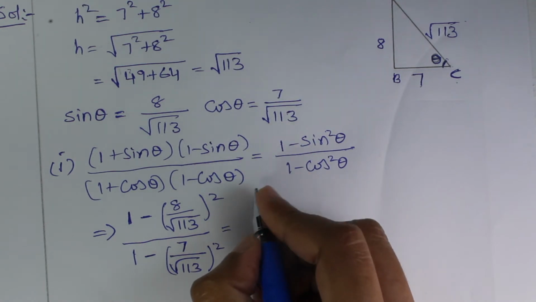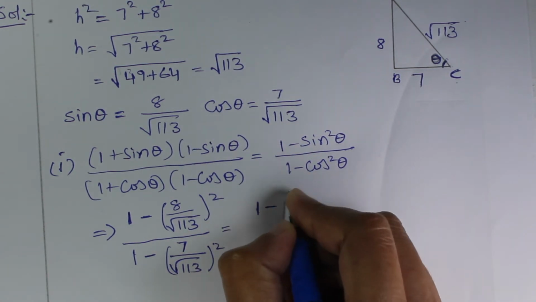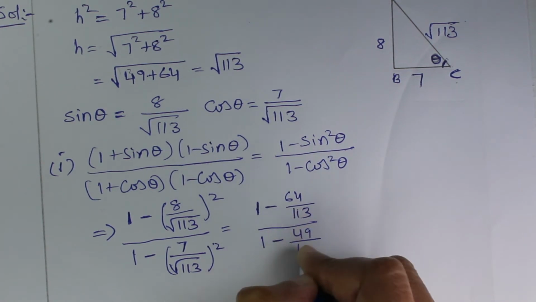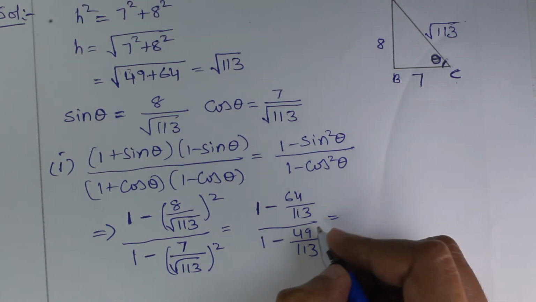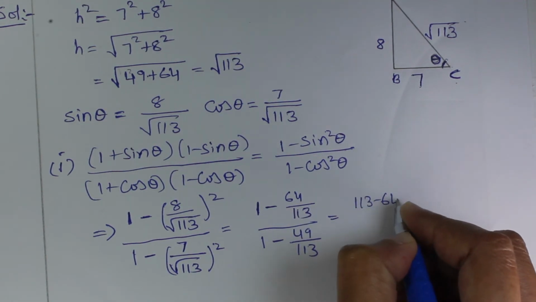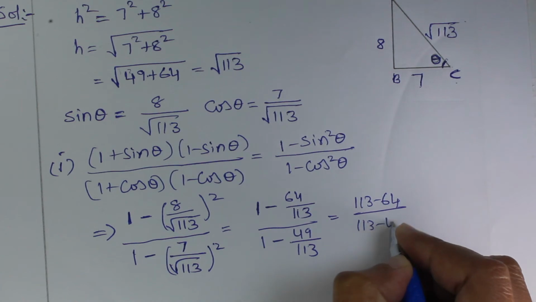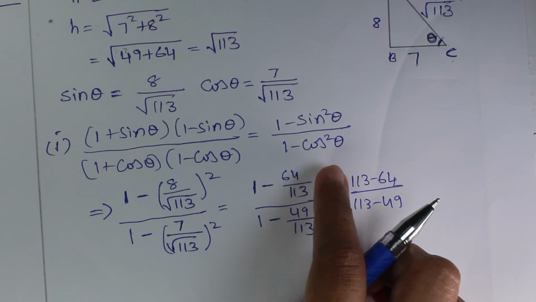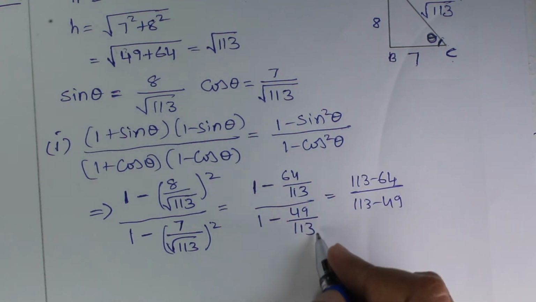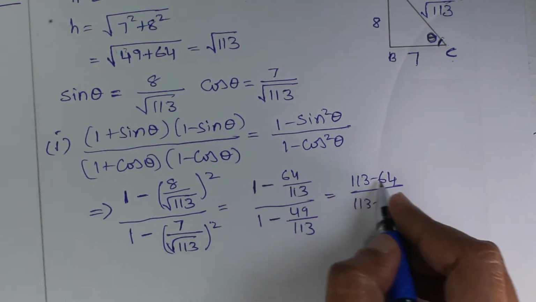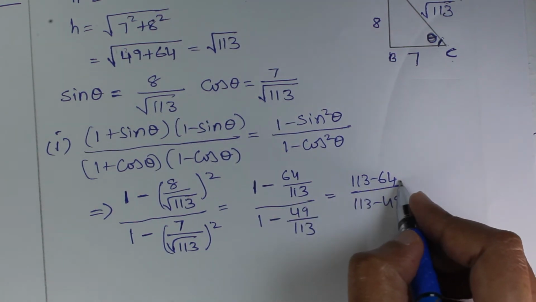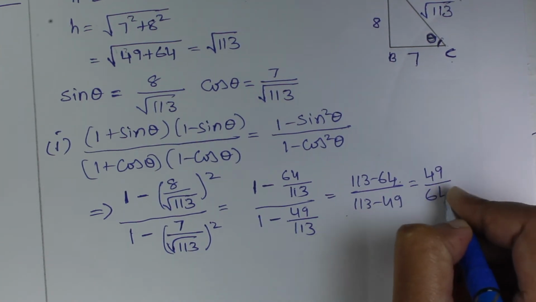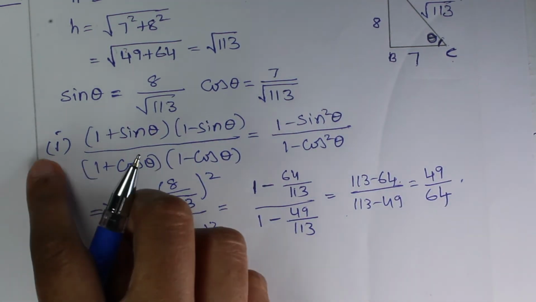That is equal to (1 minus 64 by 113) divided by (1 minus 49 by 113). It is equal to (113 minus 64) divided by (113 minus 49). Okay, the denominator 113 gets cancelled on both the halves. Now only the numerators will be left. 113 minus 64 divided by 113 minus 49. That is equal to 49 by 64. So this is the value for the first problem.